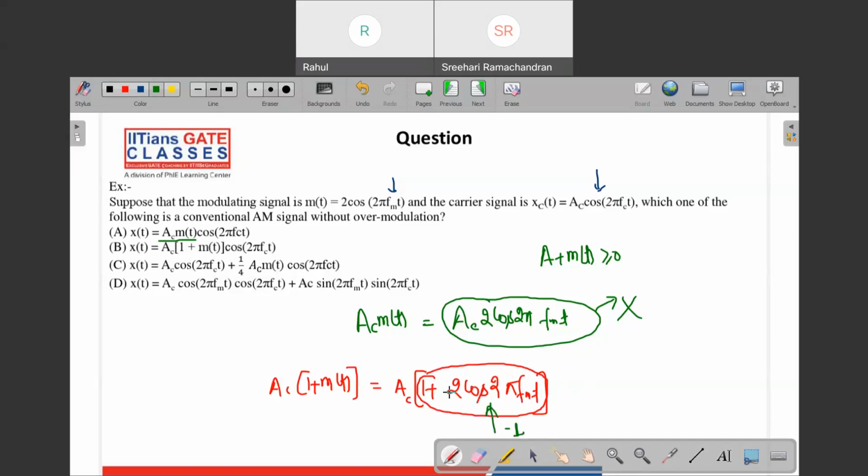Then you have 2, so it becomes -2, and you have +1, so it can go to -1. Because of that, we can say that it has over modulation.